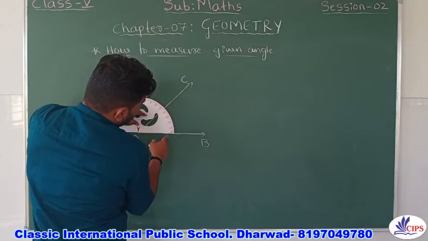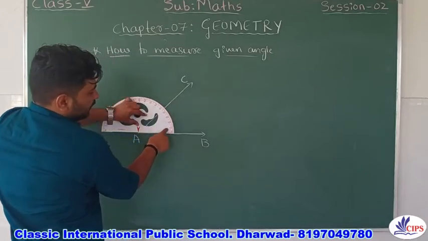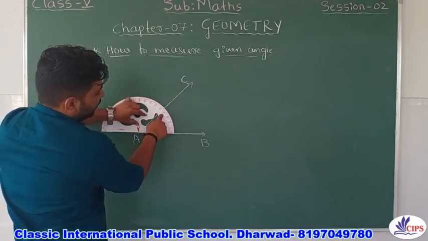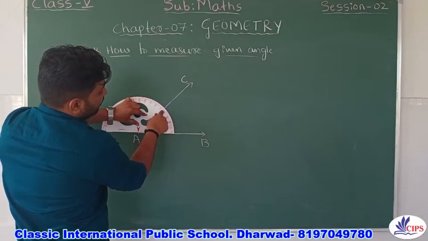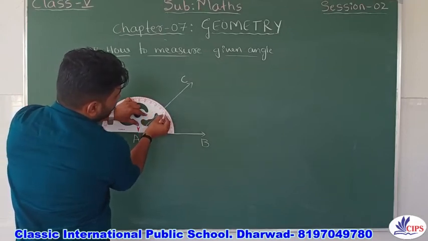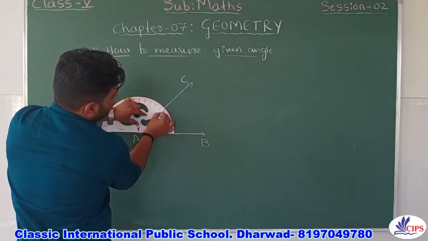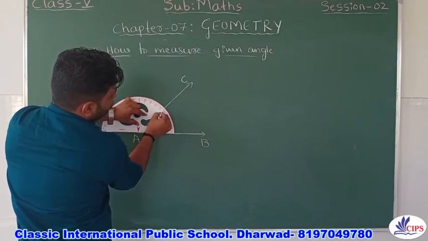So this is here, count from here, 10, 20, 30, 40, 50. It is here, but the line is in between 50 and 40. So start counting the tiny lines, 1, 2, 3, 4, 5 is here. So this is 40 plus 5, 45.